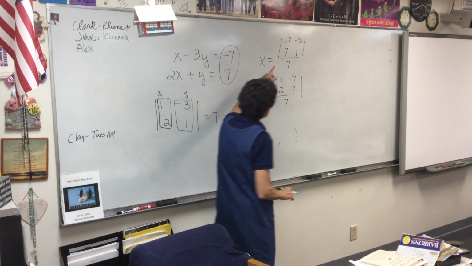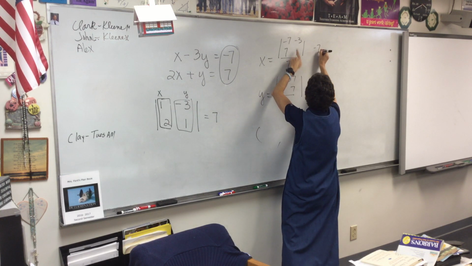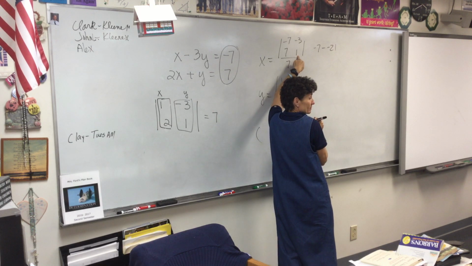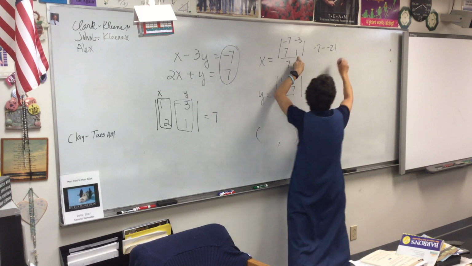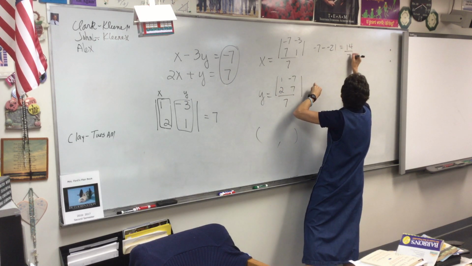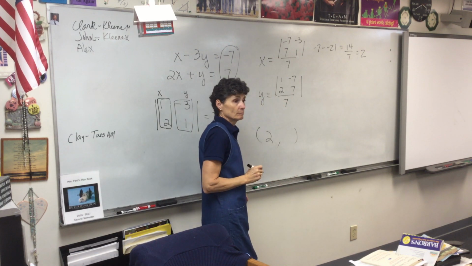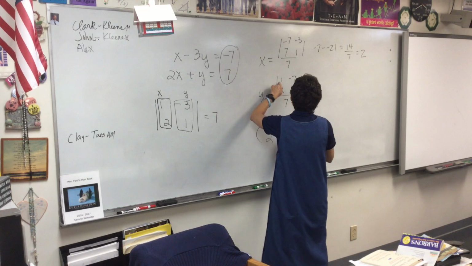So what's this determinant up here? -7 minus -21. What is that? 14 over 7, so my x value is 2. What's this one?